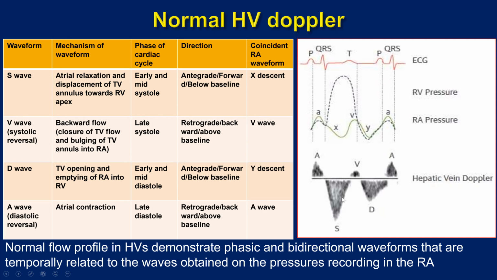So the S wave coincides with the X descent of the RA, because of atrial relaxation.